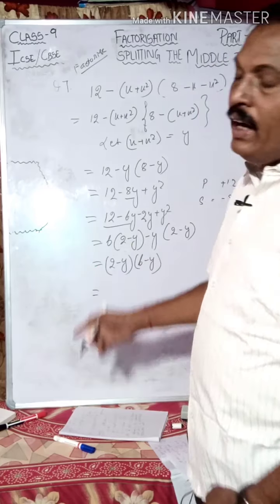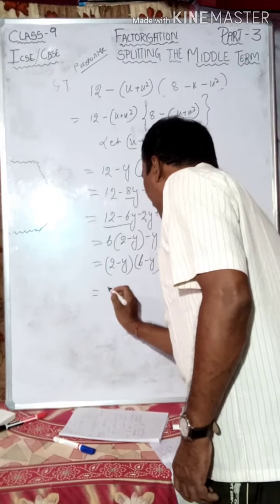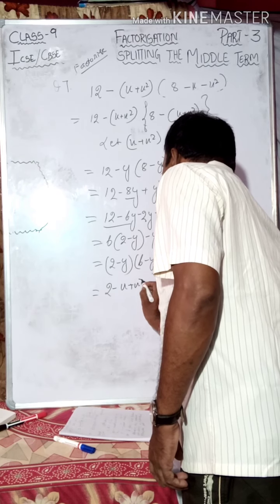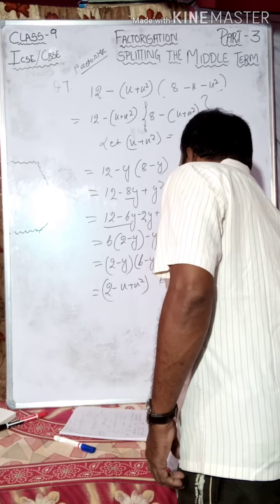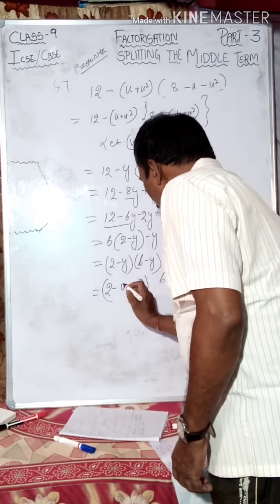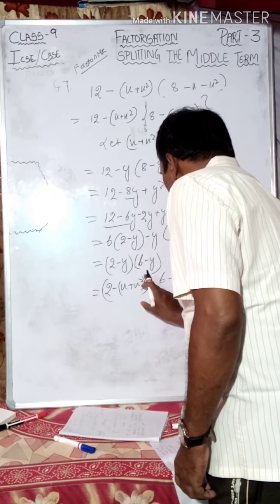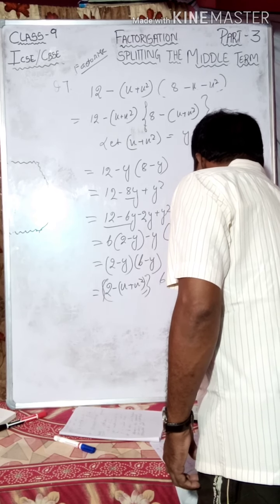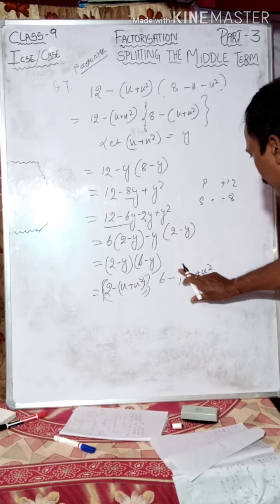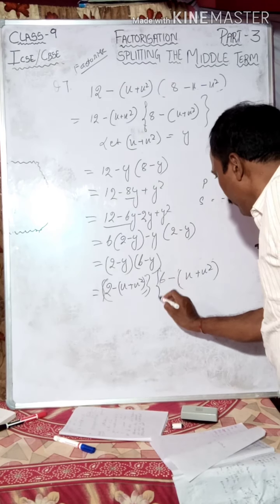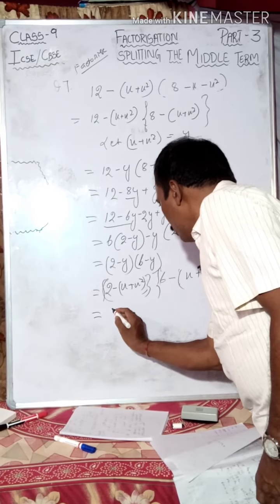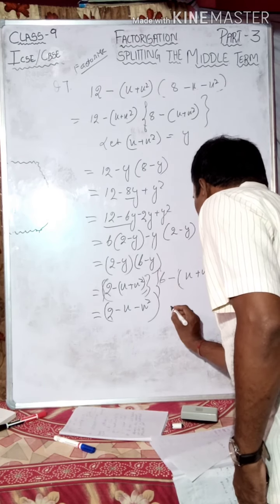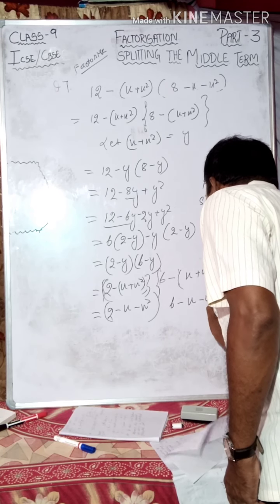Now instead of y we can write x plus x square, that is equal to 2 minus x plus x square whole into 6 minus, sorry, within bracket, 6 minus x plus x square. That is equal to 2 minus x minus x square. Here another 6 minus x minus x square.